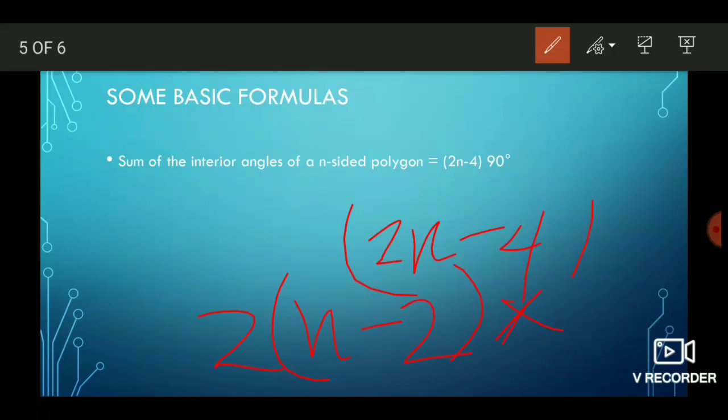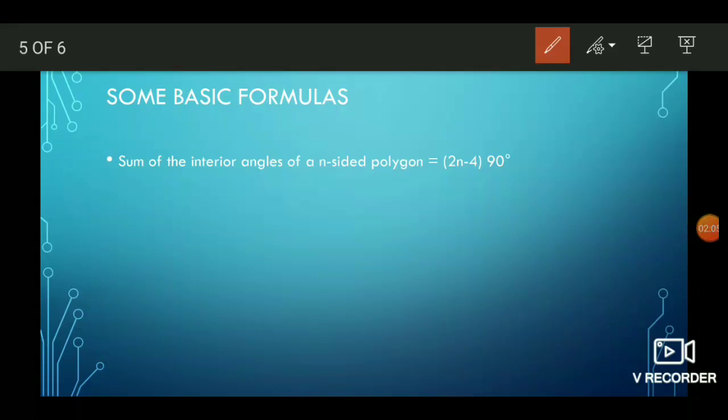Now if you take 2 common and check it, you will see that it is (n minus 2) into 180 degrees.